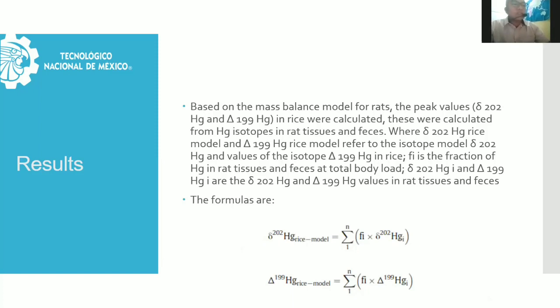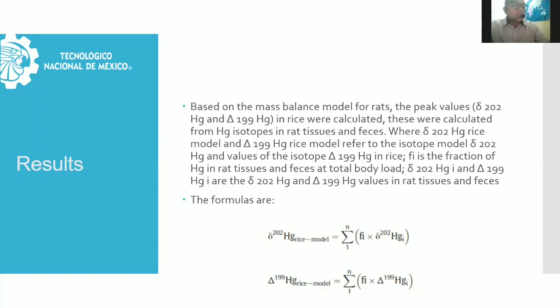To conclude the results part, with the results obtained, the formula presented below could be made, which serves to show the top values of the 202 and 199 isotopes. The variables shown in the formulas represent the following: 202 mercury rice model and 199 mercury rice model refer to the 202 and 199 mercury isotope values in rice.